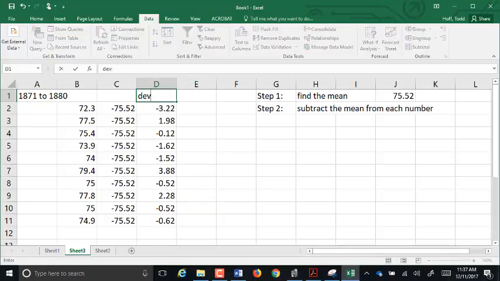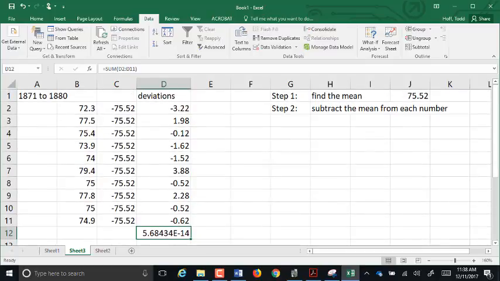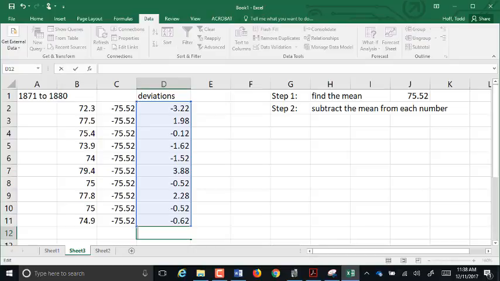These are what are referred to as the deviations. That is how far each number in our list is away from the mean. If I were to add these up, by the way, down here, this should add up to 0. It gives us 10 to the negative 14th, which is 0. There's something wrong in the algorithm calculating the sum there a little bit, but it does add up to 0.